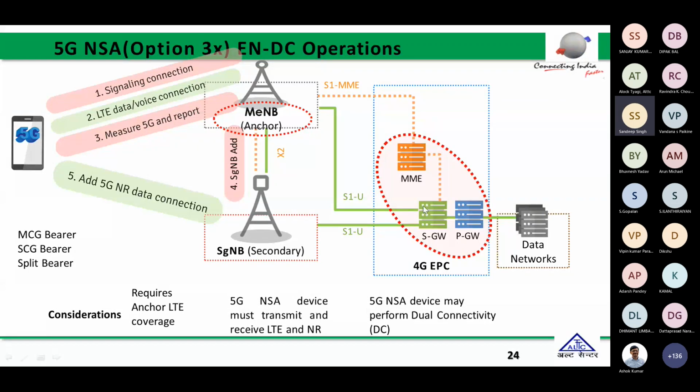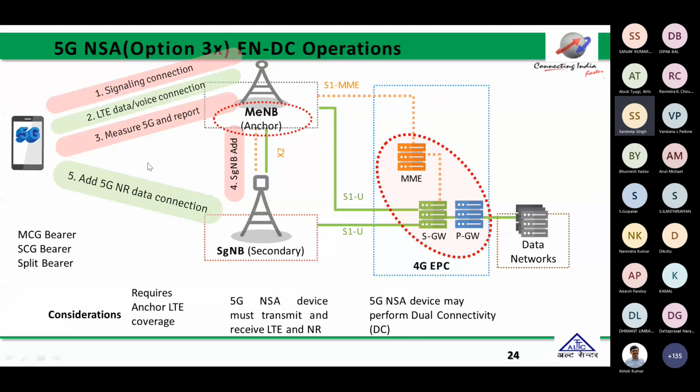But what is the difference between 5G NSA and 4G? You can see here the S1-U bearer and here the S5 or S8 bearer. In the core side the name is the same, but on the radio access side the data radio bearer name is changed.